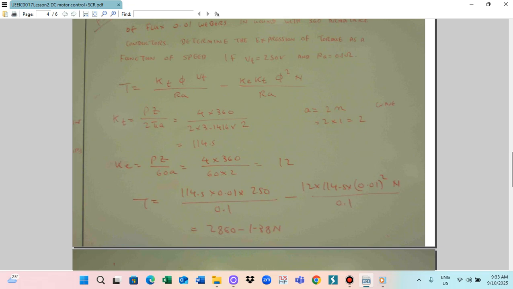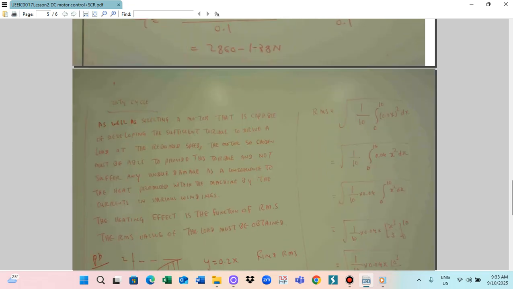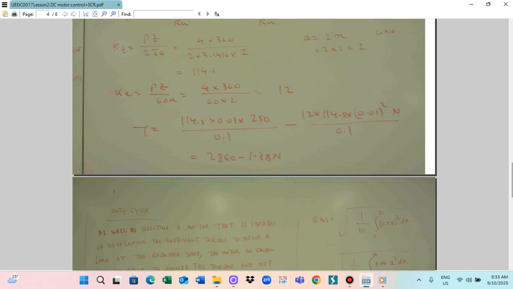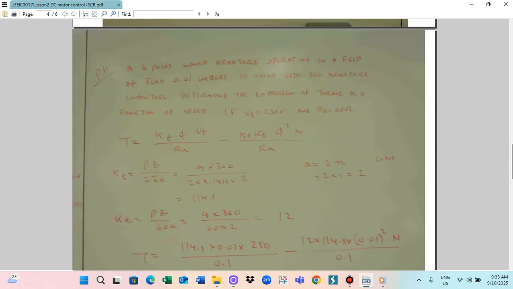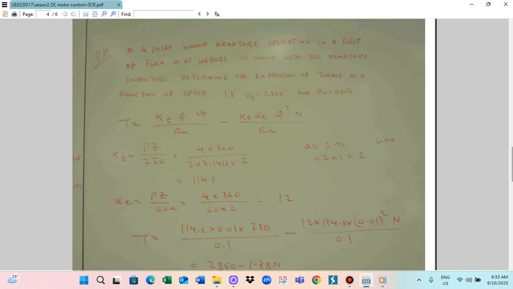So this is a 4-pole armature operating with a flux of 0.01 weber. It has 360 armature conductors. So we need to determine the expression of torque as a function of speed, with VT 250 volts and RA 0.1 ohm.